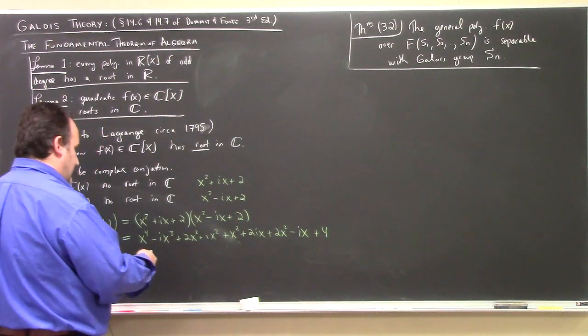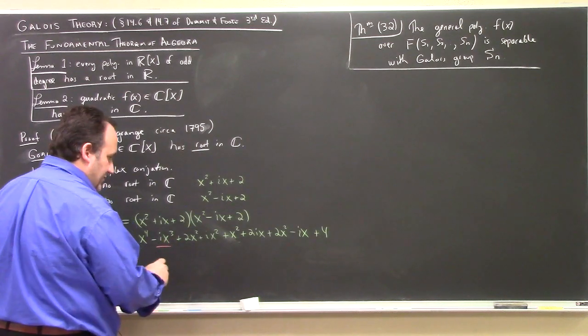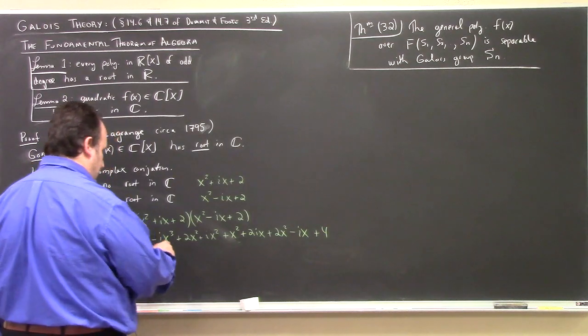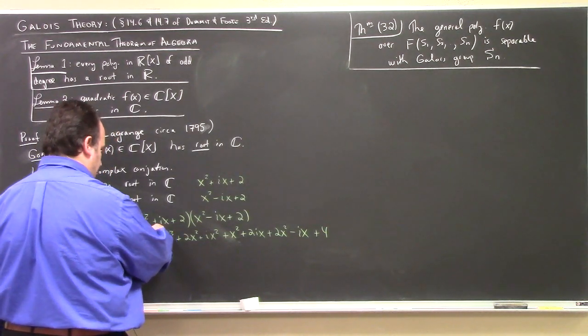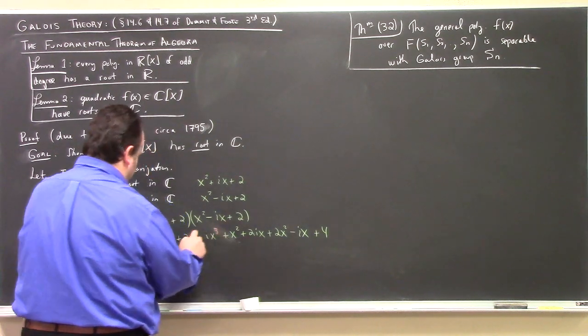So we've got this ix cubed. Where's the other one? Or did I make a mistake? I think I did. This should have been ix cubed right here. I forgot to multiply the x into that.